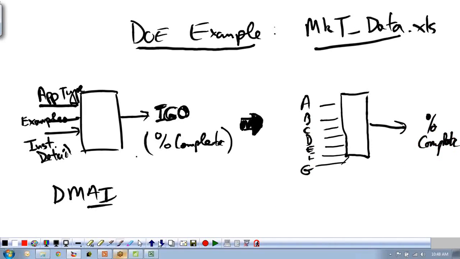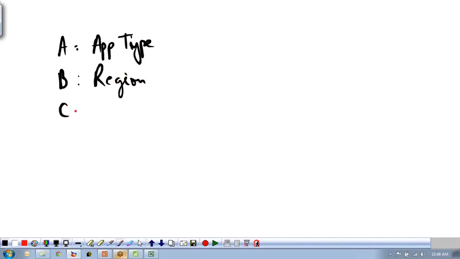Okay, they found five of them, and they decided that A was the application type, B was the region, C was the description.